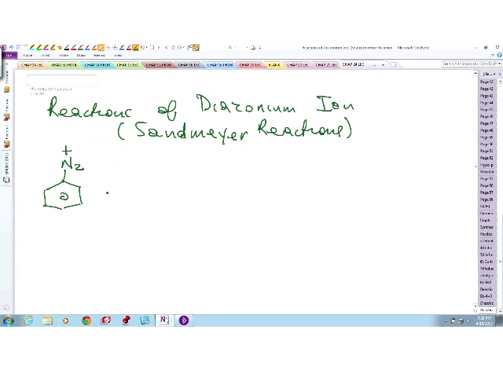So you have the diazonium ion. Diazonium ion could react with sodium iodide in the presence of a copper 1 salt to form this. What have we done? We have replaced the amino group with iodine.